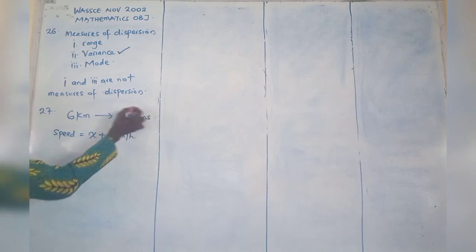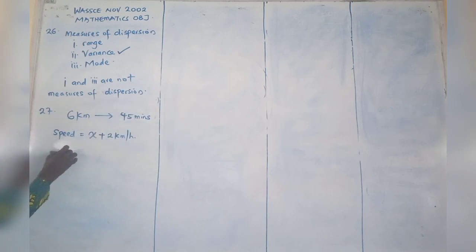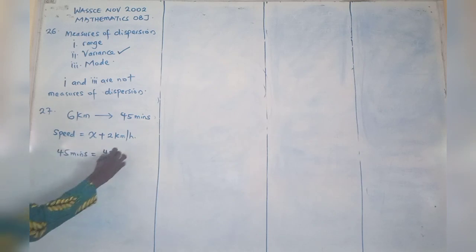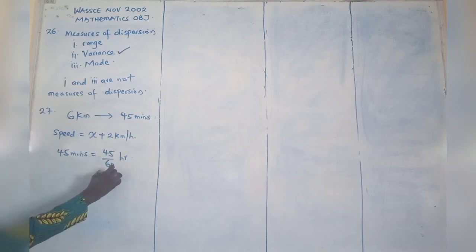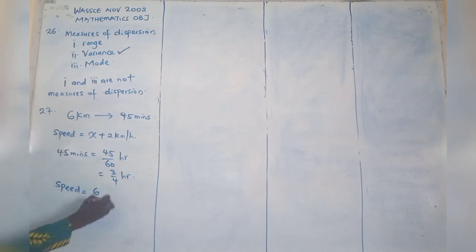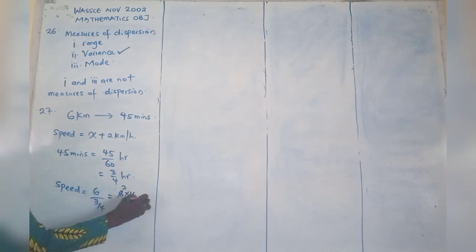So, I'll convert this to hours. 45 minutes will be equivalent to 45 over 60 hours, and that will be 3/4 of an hour. So the speed here will be 6 divided by 3/4. That will essentially be saying 6 times 4/3 if I've done my math right. And this will be like saying 2 times 4, which will be 8 kilometers per hour.